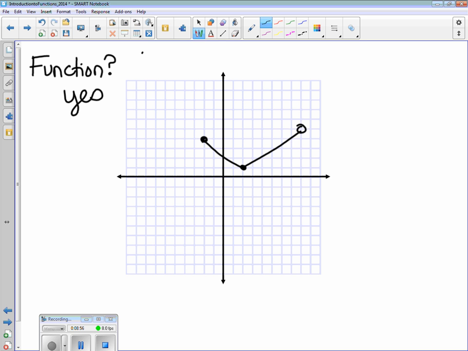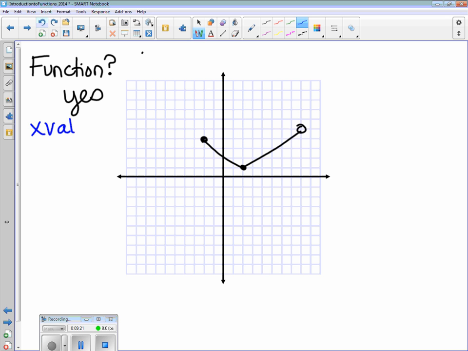Okay? I'm going to draw an example of something that's not a function. Not a function. Why? Not because of the one side, but because of the vertical line. This vertical line touches it how many times? Can't do that, can you? So this is not a function. In other words, your x values cannot repeat.